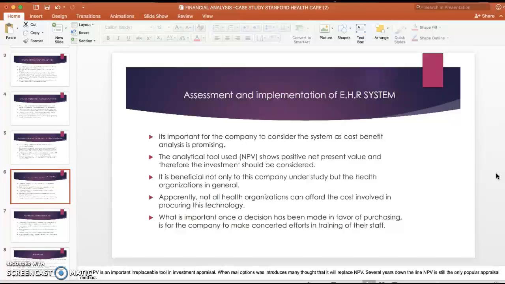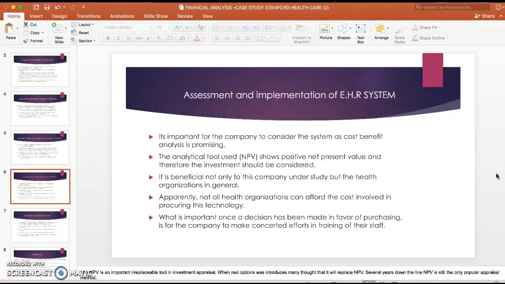It is beneficial not only to this company under study but the health organization in general. Apparently, not all health organizations can afford the cost involved in procuring this technology. What is important, once a decision has been made in favor of purchasing, is for the company to make concerted effort in training of their staff.